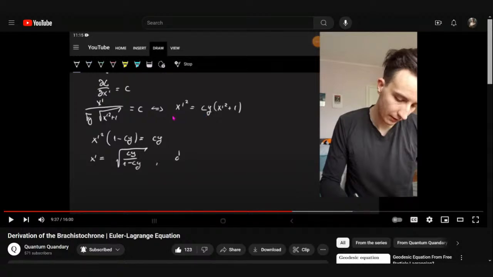Let's bring this here, so it's x prime squared.